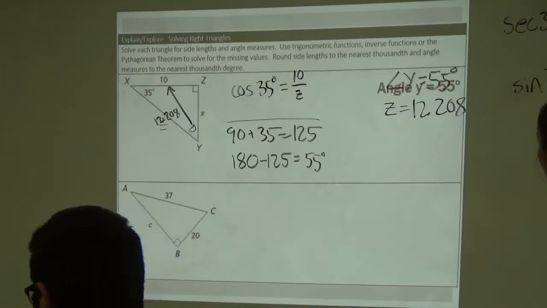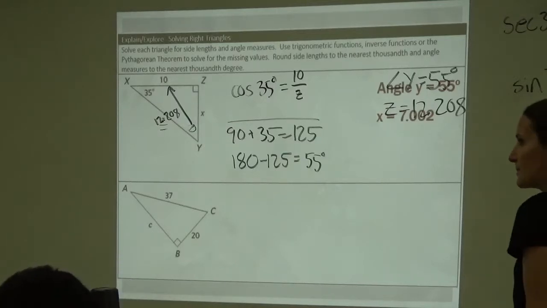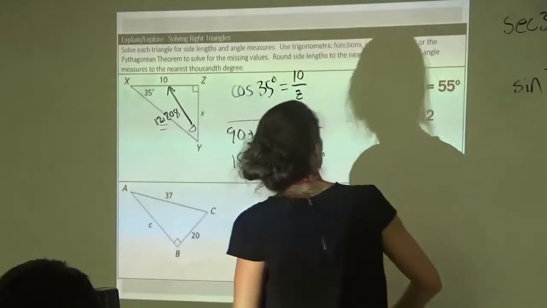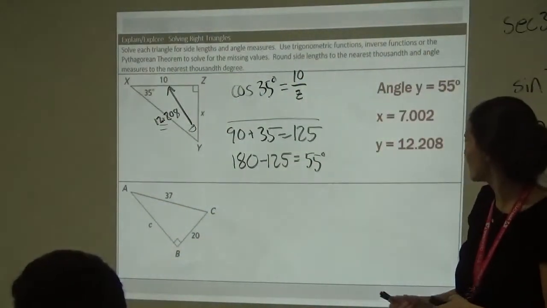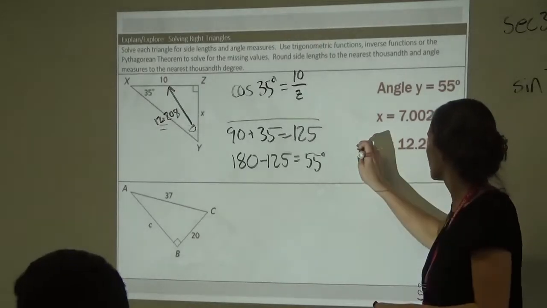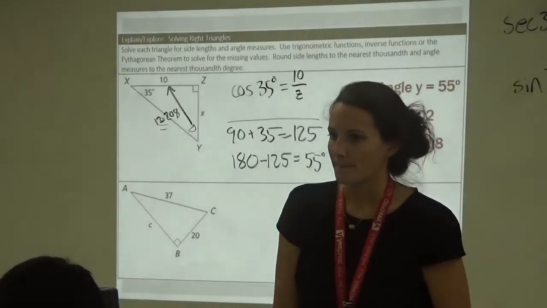Alright. And then, once you have these two, you can find angle x, again doing a lot of different things, but I'm going to allow y'all to go work right now. Side x ends up being 7.002. Sorry, this was z, if you solve that way, okay?